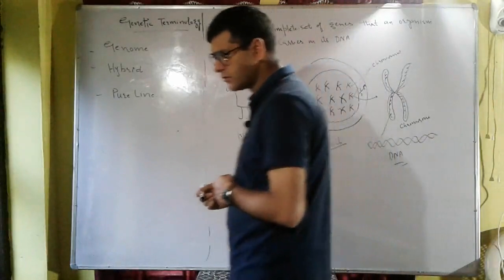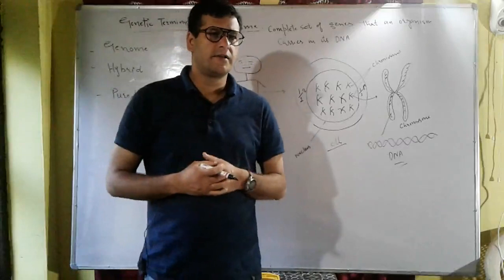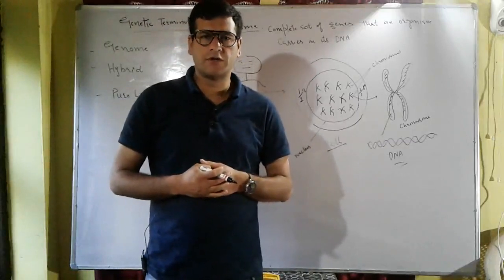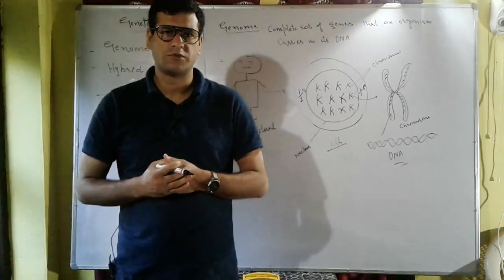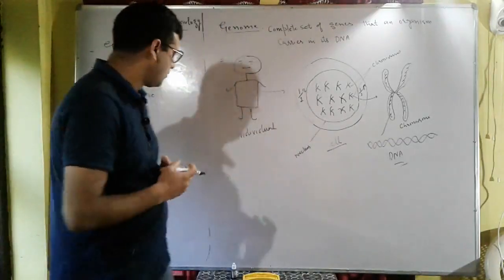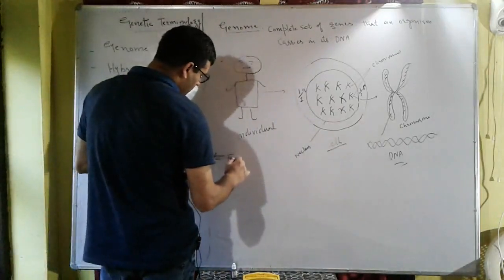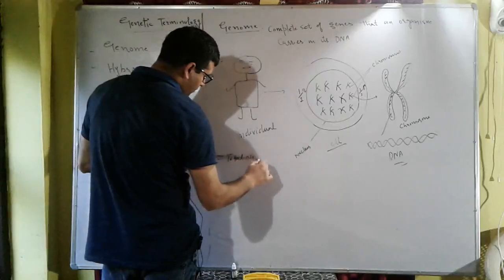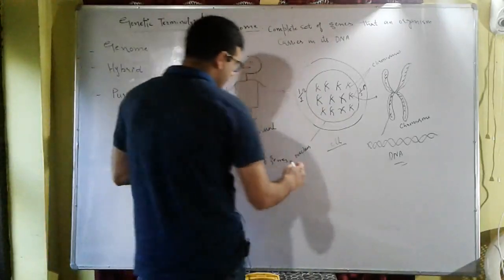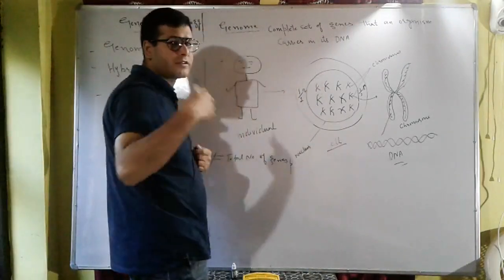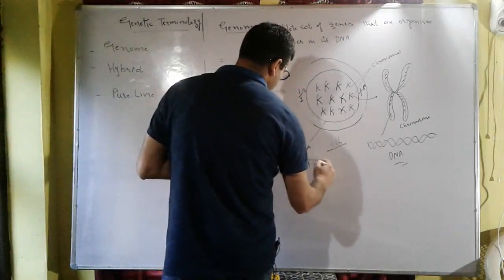There is another definition for the genome, that is it is the total amount of genes which are present in a single set of chromosomes, that is in a haploid gamete. So also we can say that genome is the total number of genes present, whether they are expressed or not expressed, in a haploid gamete.